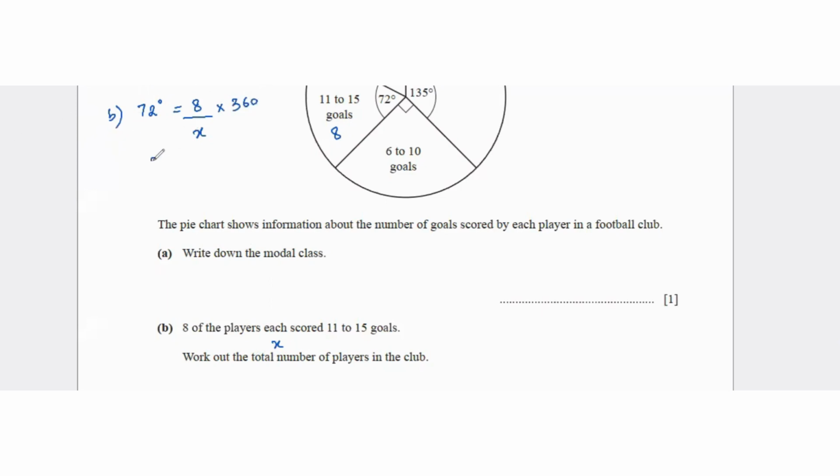So if we rearrange this, x is going to equal 8 times 360 over 72. 8 ones are 8, 8 nines are 72, 9 ones are 9, and 9 times 40 is 360, which means x is 40. So that is your total number of players in the club.